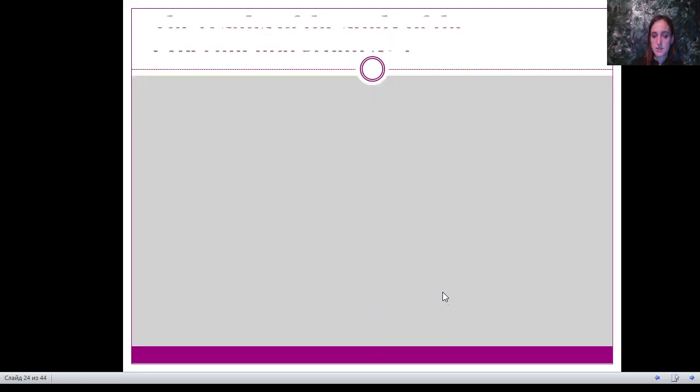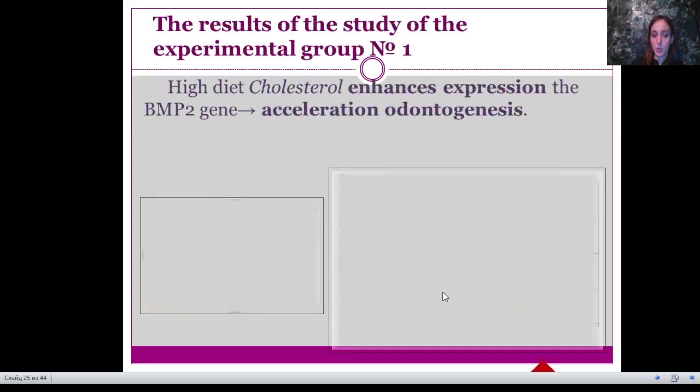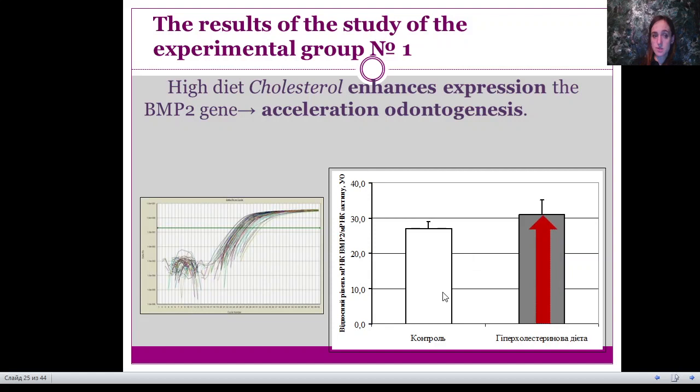And after this, we have first results of the experimental group number 1. So high diet cholesterol enhances expression of the BMP2 gene, and we have acceleration of odontogenesis. So we have acceleration.